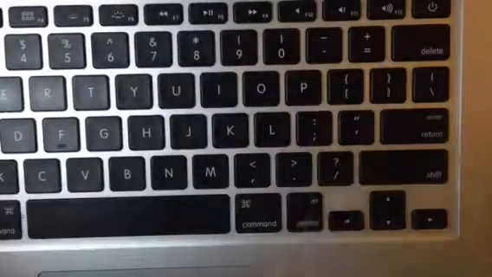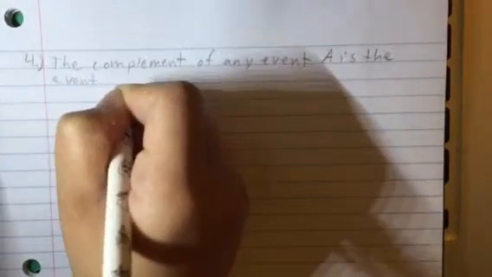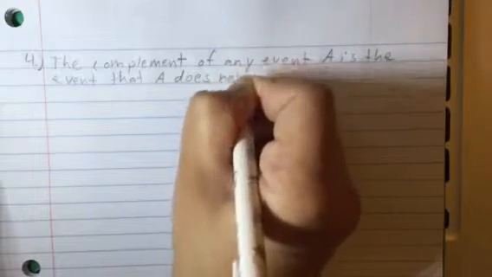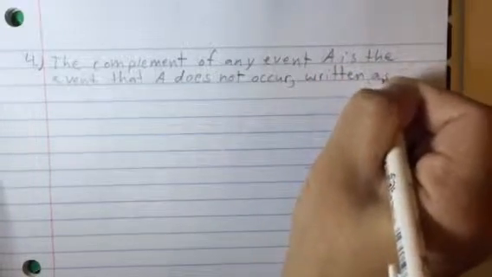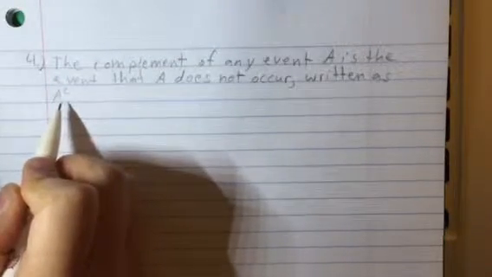Rule number 4, let's get a new page. Rule number 4 is the complement of any event A is the event that A does not occur, written as A C. Whenever you see A and then a C, it indicates complement.